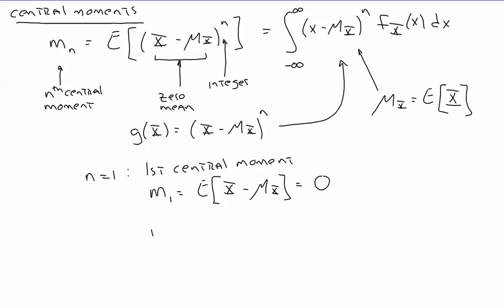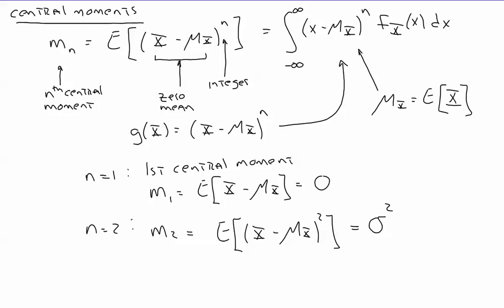What about n equals 2? My second central moment is the expected value of x minus mu x squared. Hopefully you recall from a few pages back, this is my variance, which is the square of the standard deviation. My second central moment is the variance.